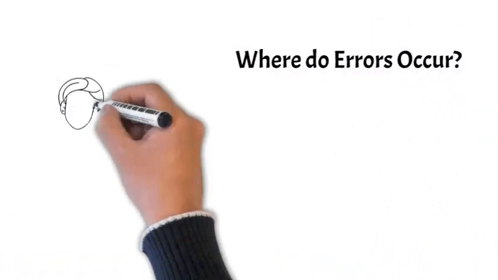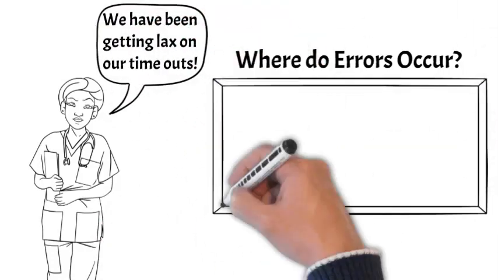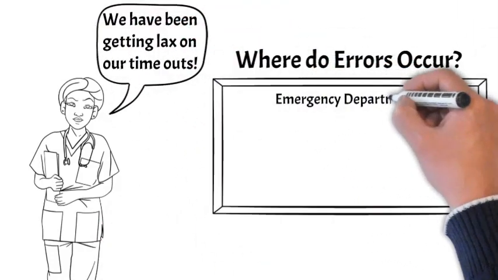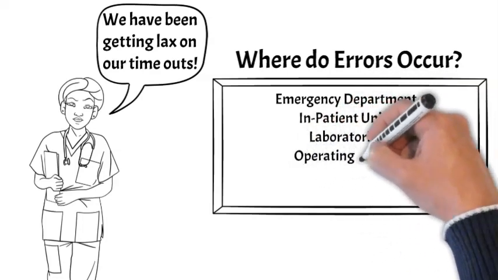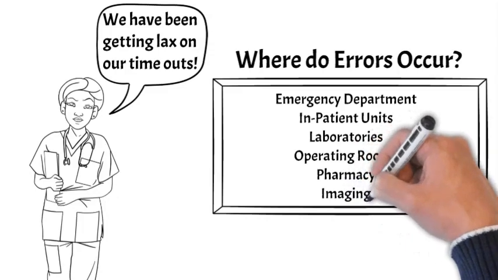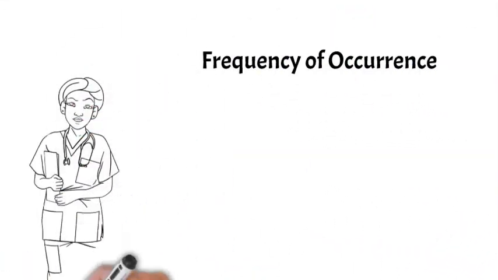It helps to know in which areas those errors are likely to occur. One such list would include the emergency department, inpatient units, laboratories, operating rooms, the pharmacy, and imaging. We can also categorize errors by frequency of occurrence.